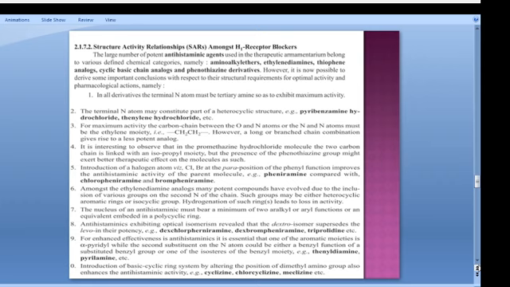Among the ethylenediamine analogues, a potent compound may be developed due to the inclusion of various groups on the second nitrogen atom of the chain. Such a group may be either a heterocyclic aromatic ring or an isocyclic group. Hydrogenation of such compounds leads to loss of activity.